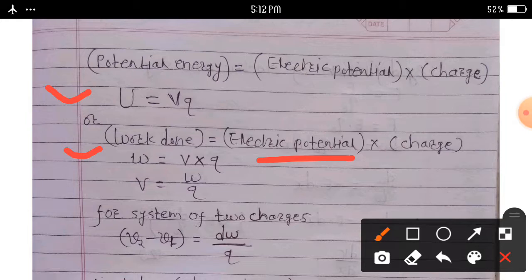Then W is equal to V into Q. Then V is equal to W upon Q. For a system of two charges, suppose the first charge and second charge, the first charge having potential V2 and the second charge having potential V1. Then we can write for a system of two charges V2 minus V1 is equal to dW upon Q.